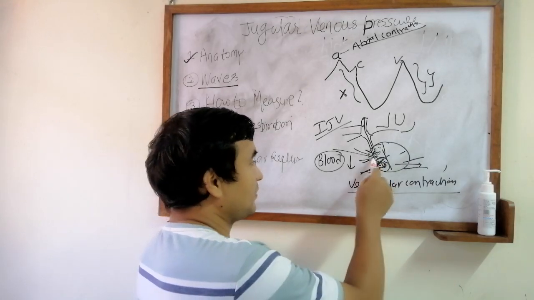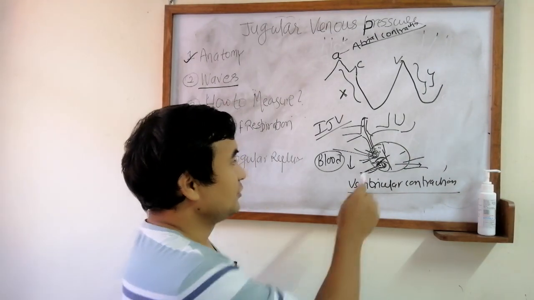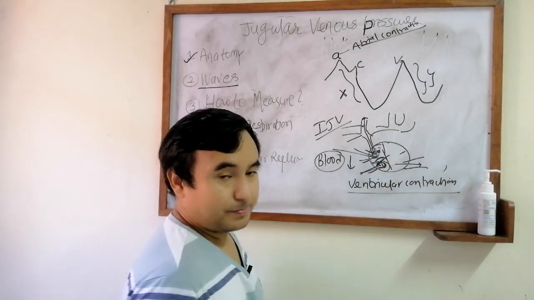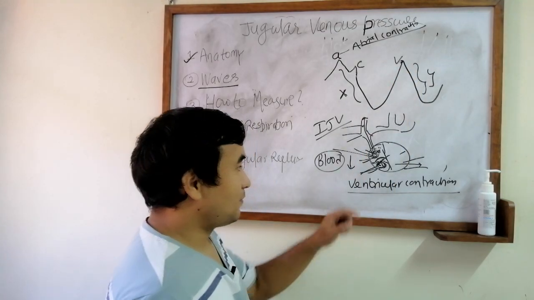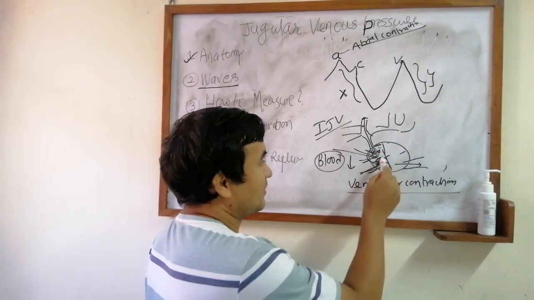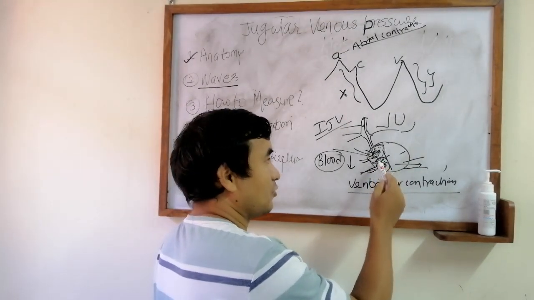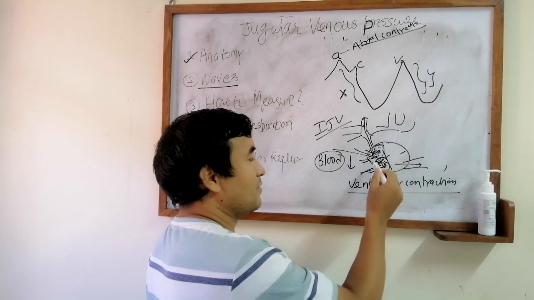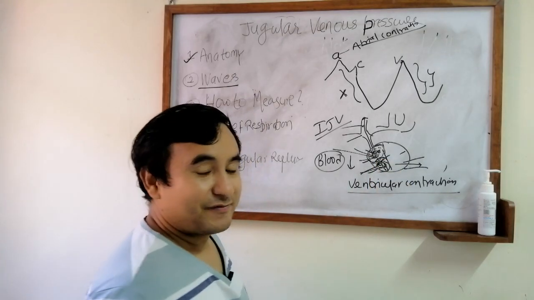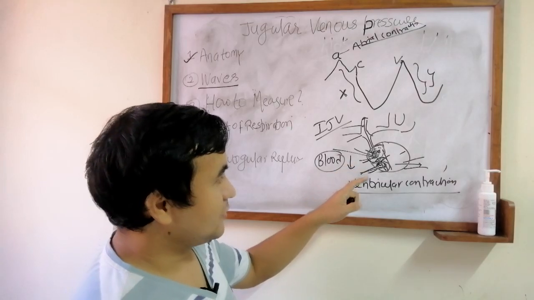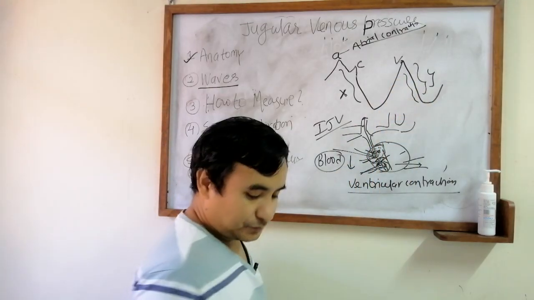This will definitely increase the atrial pressure. That's why we see the V wave here. Once all the blood comes to the atrium, the tricuspid valve opens, and all the blood from the atrium moves towards the right ventricle, which leads to a decrease in right atrial pressure. That's why there is a Y descent.